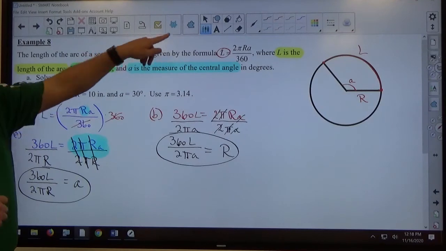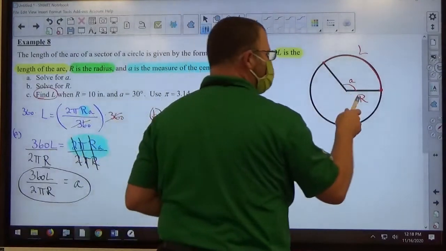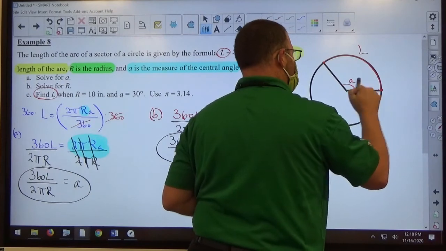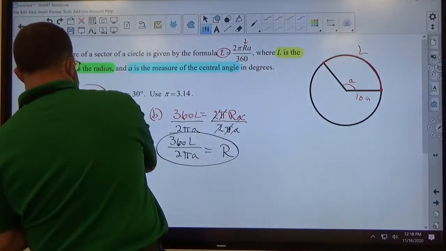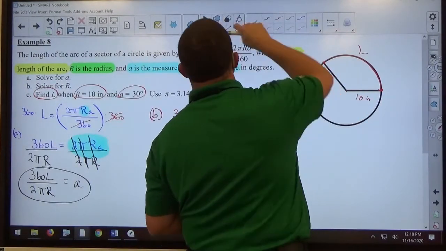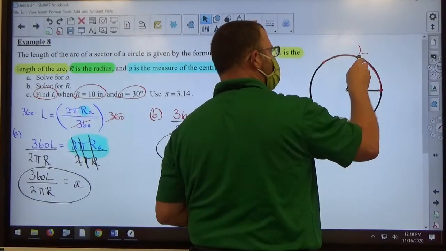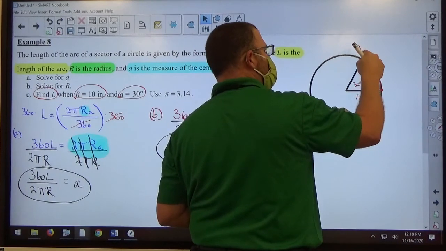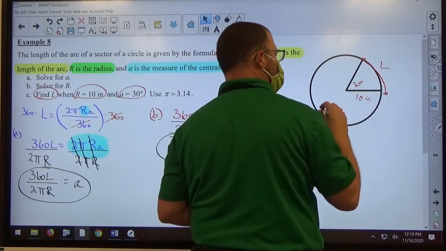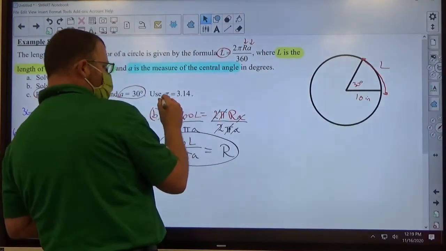So if I want to find L, and that's what L equals, they're telling me that the radius equals 10 inches, and A is equal to 30 degrees, and they want us to find L. So, they're telling me what R equals, they're telling me what A equals, they tell me pi is 3.14.